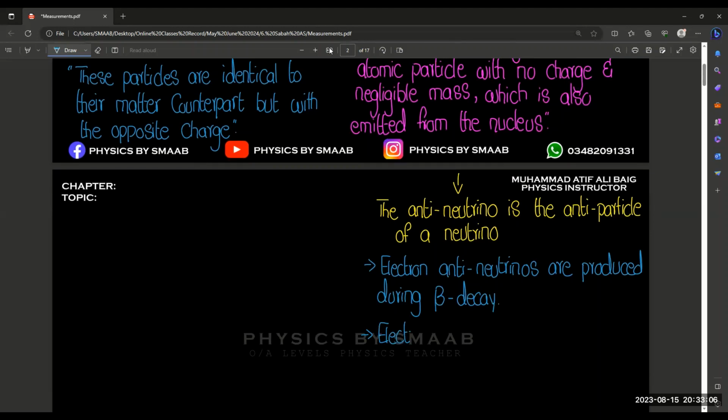Okay. So next one will be the electron neutrinos. You just need to remember one, then the next one will be the opposite of the first one. Just like we know that electron antineutrinos are produced during beta negative decay, electron neutrinos are produced during beta positive decay, right?